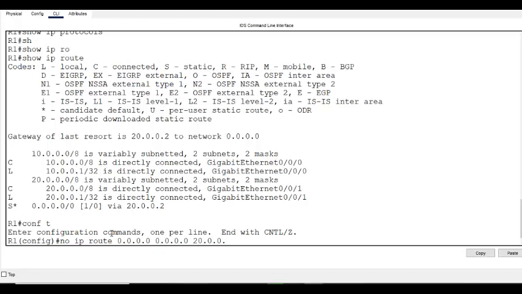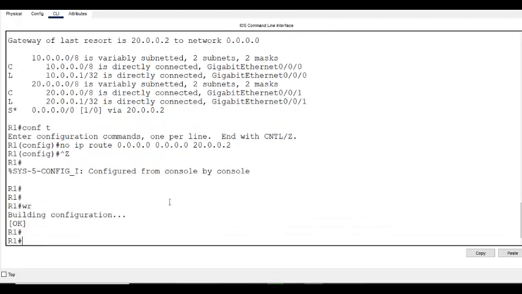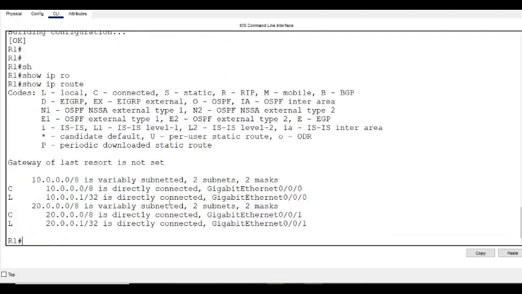This will remove it. This is how I configured it, so when I put no in front of this, it gets removed. Let me check. Show ip route. You see, the static default route is gone.